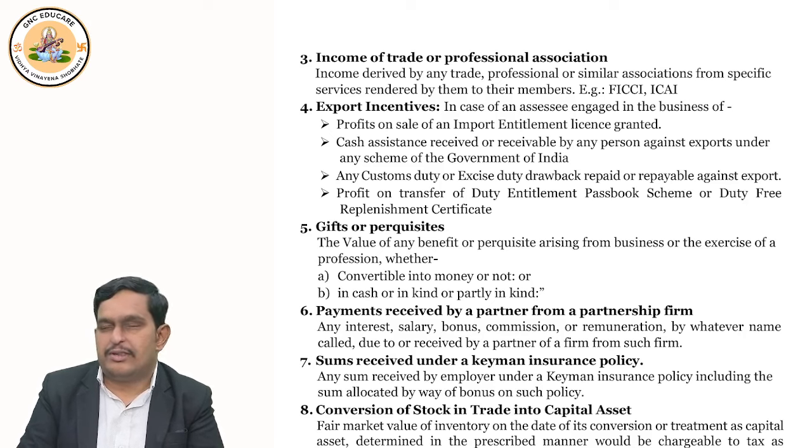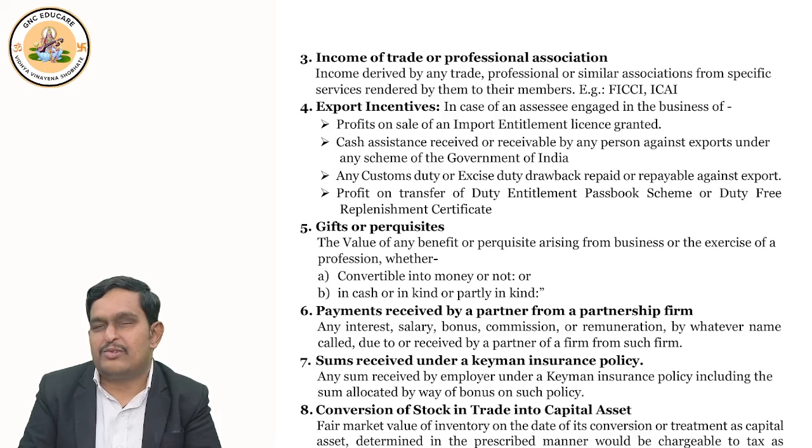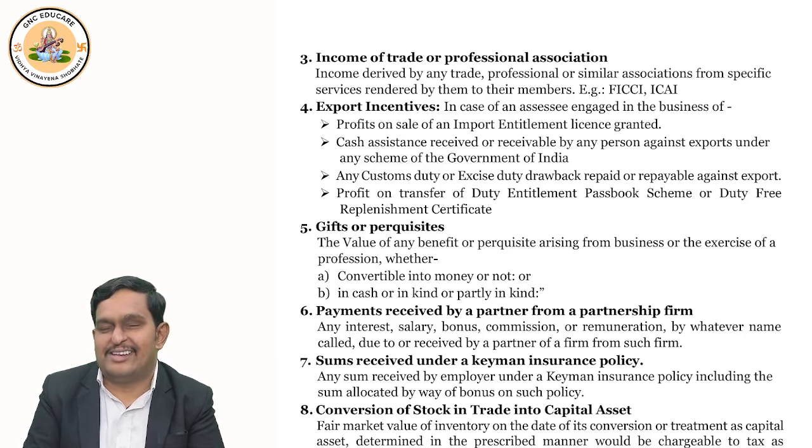The fourth one is export incentives. You would have heard that on 1st Feb 2025, in the budget, Nirmala Sitharaman spoke about makhana, right? When she spoke about popcorn, people criticized a lot because she increased GST.